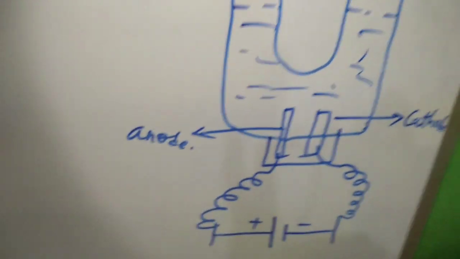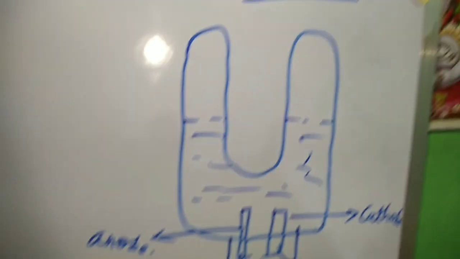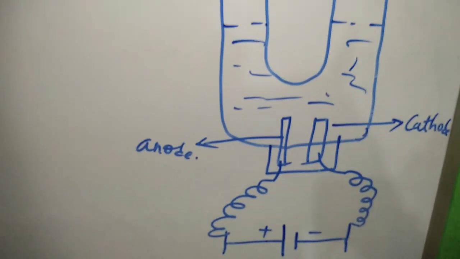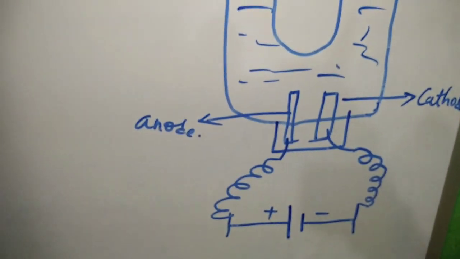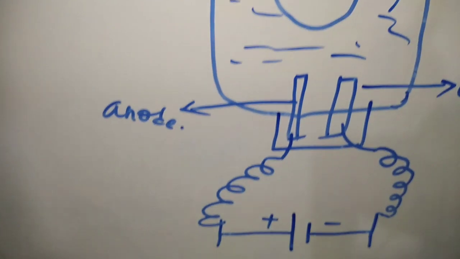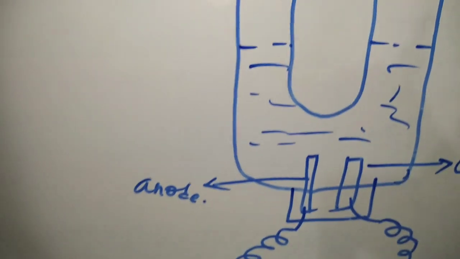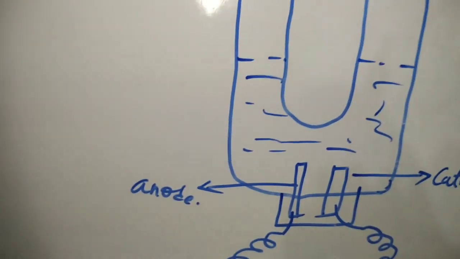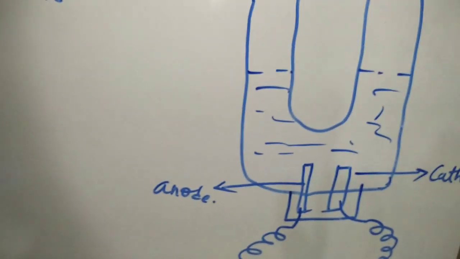After H2SO4 is dropped in it and the battery is connected, electricity is passed through the water, and it is a slow process.